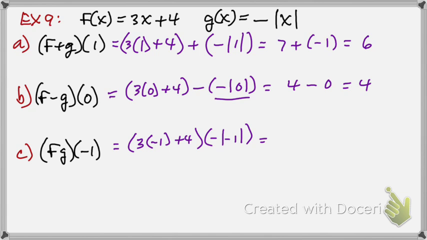So back over here, 3 times negative 1 is negative 3 plus 4 is 1. The absolute value of negative 1 is 1. And then the negative of that is negative 1. So 1 times negative 1, I'm getting negative 1. Double check my math.